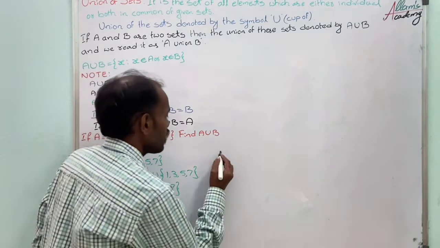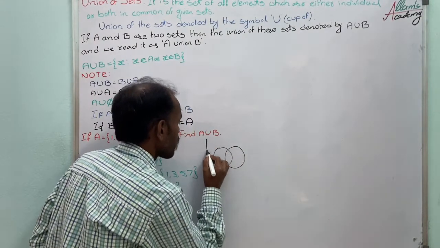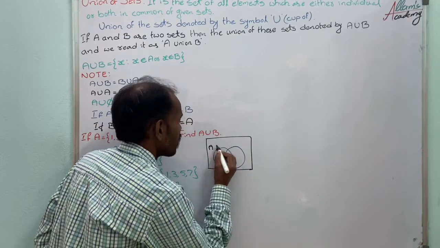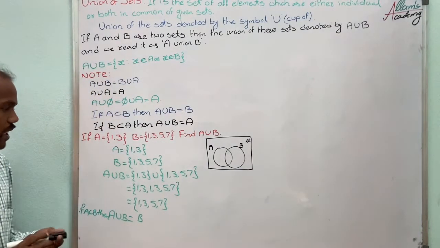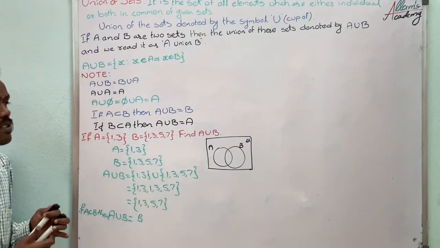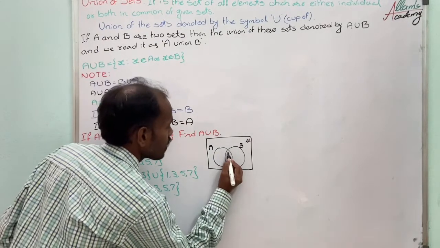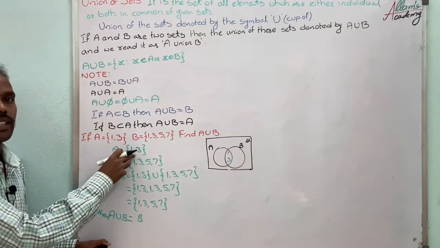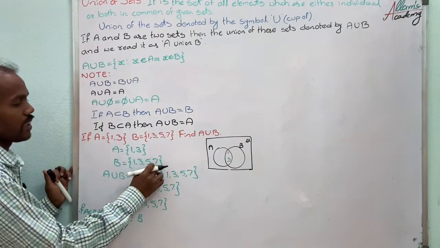Now the set A, the set B, and the universal set. Here we observed that this is the common space. So in the common space, what elements do we want to write? 1, 3, and the first set contained the elements 1, 3 only, which will be presented here, and the second set contained the elements 1, 3, 5, 7.